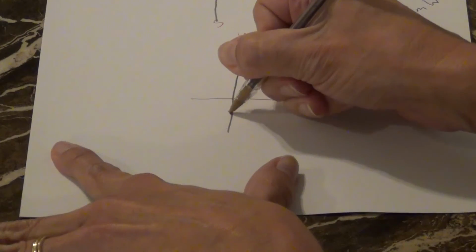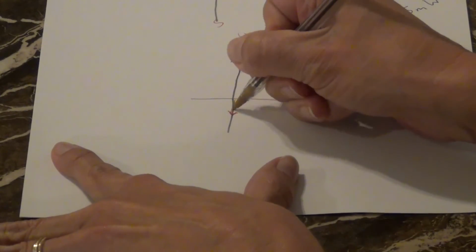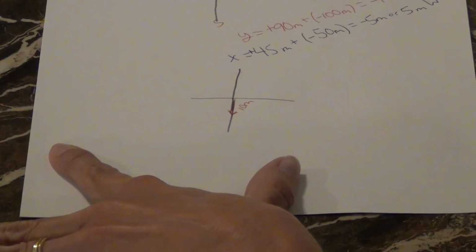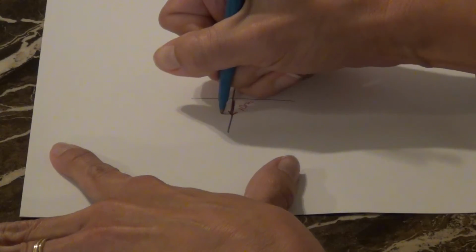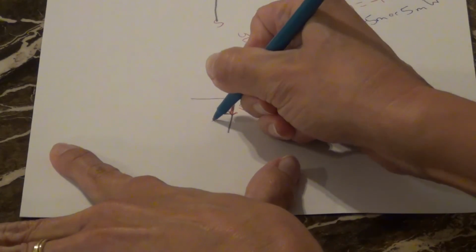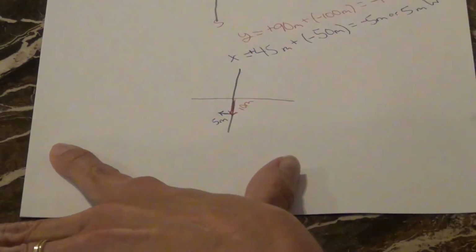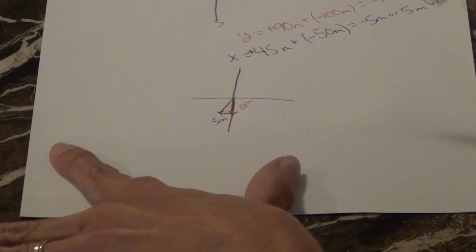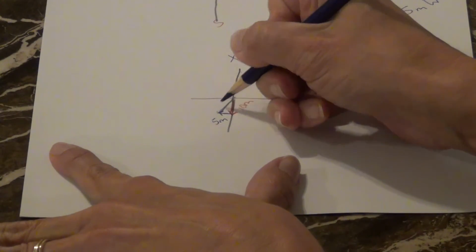So let's say I went 10 meters south, and I went 5 meters west. And I need my net displacement right there. Draw that in purple.